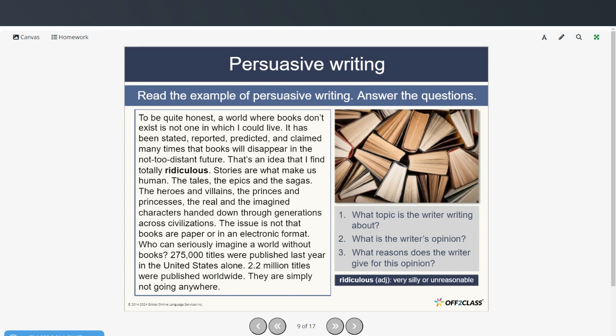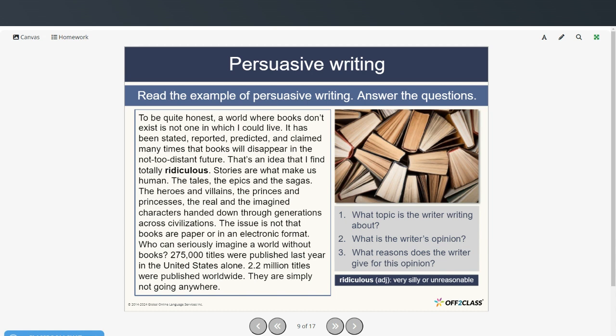The issue is not that books are paper or in an electronic format. Who can seriously imagine a world without books? 275,000 titles were published last year in the United States alone. 2.2 million titles were published worldwide. They are simply not going anywhere.